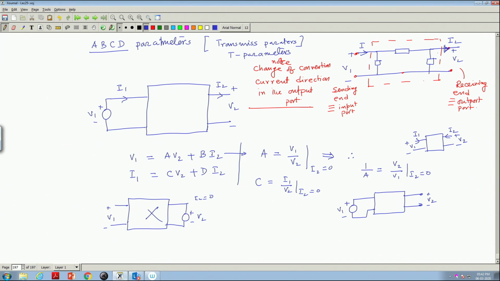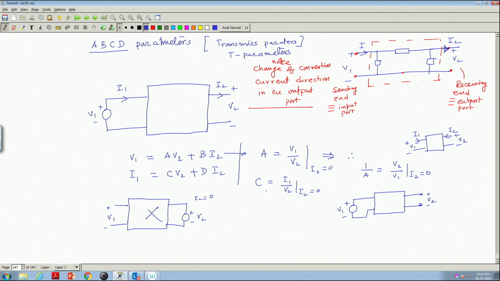How to carry out these experiments? But from this we say that 1 over A is V 2 by V 1 with I 2 equal to 0, and then I am comfortable. Okay, this is the two port network, apply a voltage V 1, I 2 equal to 0 you are demanding. So, keep it open circuited, and I can measure this voltage V 1, this voltage V 2, and take the ratio.